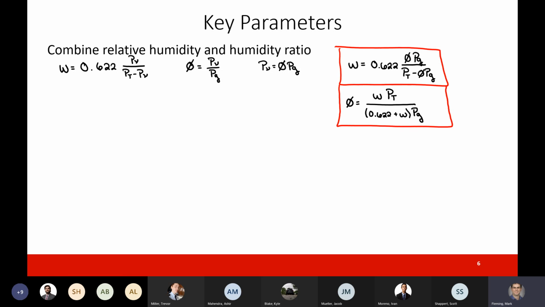This top one will be the more common one, because we'll be able to get a relative humidity and then convert that directly into the humidity ratio when we need to apply it for calculations.